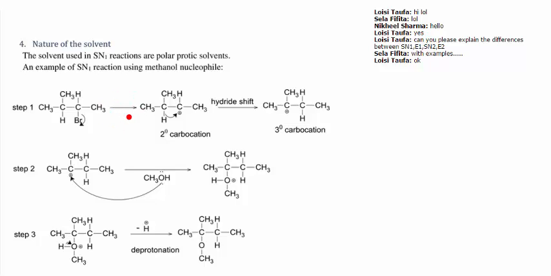Since this is a secondary alkyl halide, where the alpha carbon is attached to only one hydrogen, the leaving group will leave, leaving a positive charge on the carbon. The bromide will take the bonding electrons and leave, leaving behind a positive charge on the carbon.